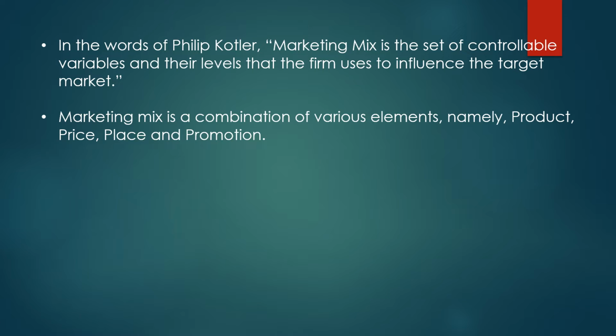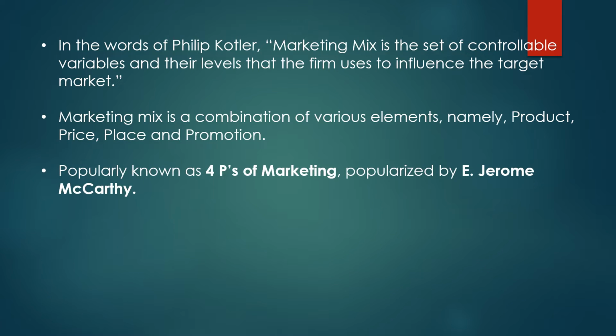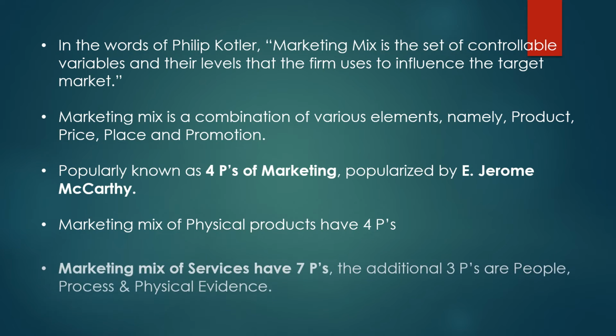So marketing mix is basically a combination of elements or variables called product, price, place, and promotion in case of physical products. In case of services, there are 7 P's. And these 4 P's of marketing was popularized by E. Jerome McCarthy. In case of physical products, we have 4 P's.